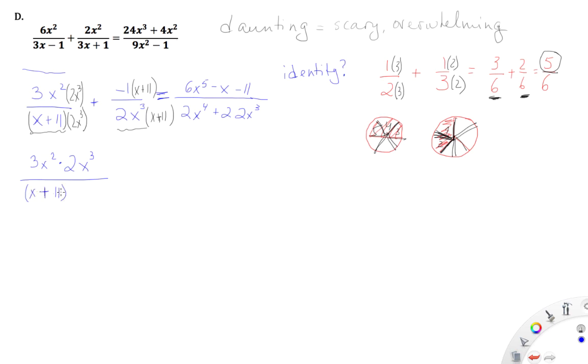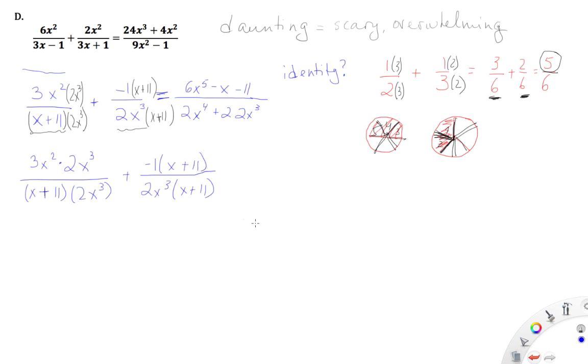I will keep the parentheses because I have a plus sign and I have multiplication as well. Here on the bottom, I've got the same thing. Whether I write x plus 11 first or 2x to the third first, it doesn't really matter. Actually, 2x to the third over x plus 11 is better. And over here, I will keep my parentheses because I have multiply and then I have add.